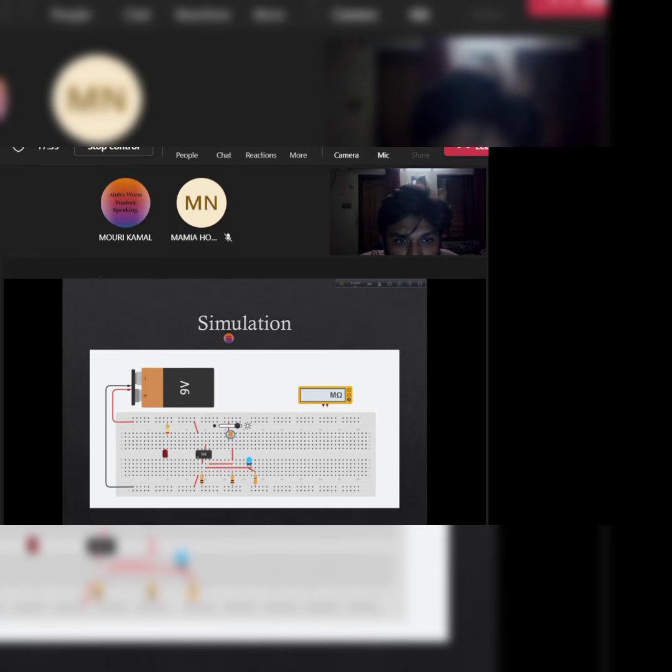We used an LDR, light dependent resistor, to sense the amount of light surrounding it. The 555 IC is used to decide whether to turn the output on or off depending on the feedback received from the LDR. The resistance of the LDR changes if the light surrounding it changes.